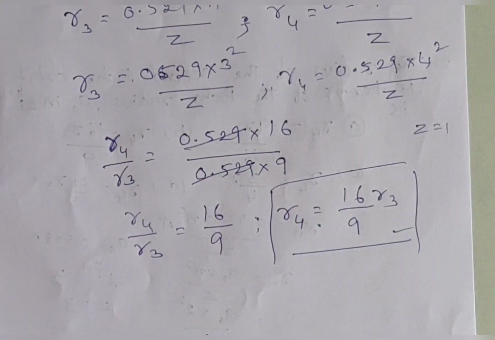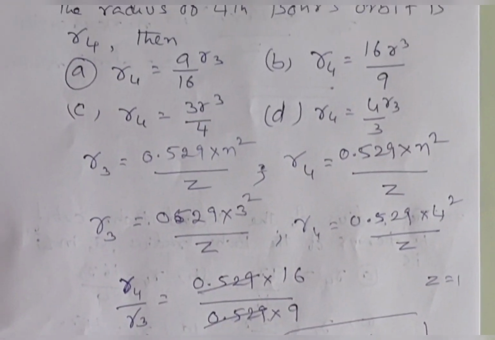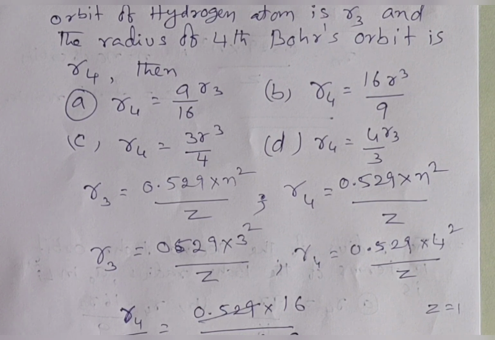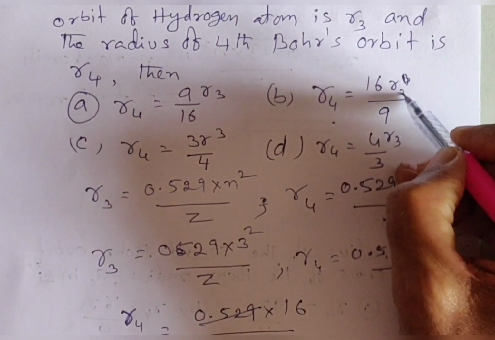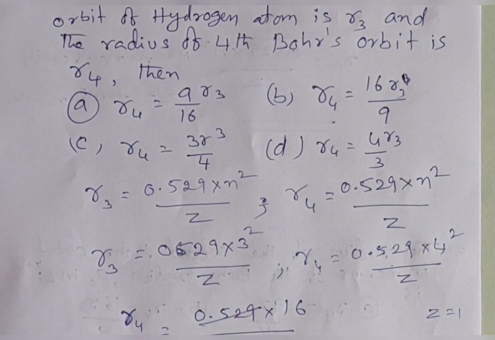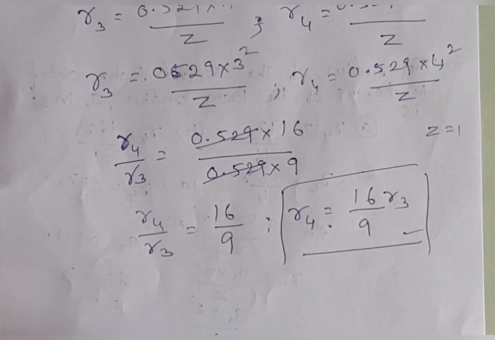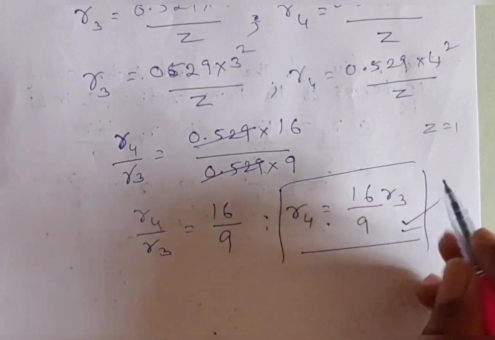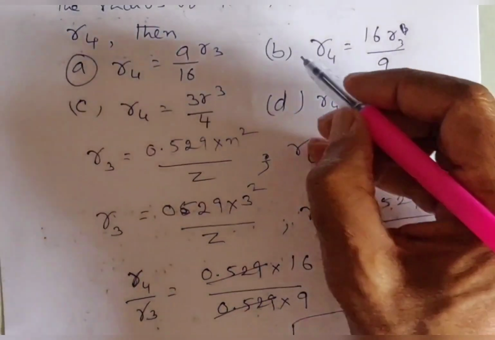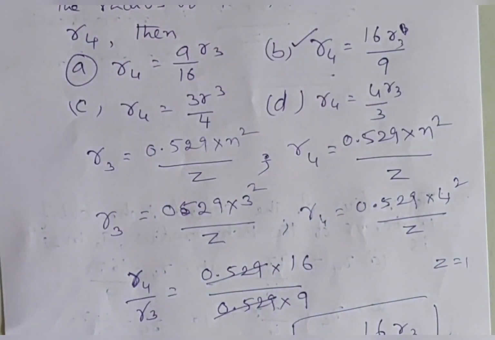Now in the options, the B option is correct. B option, R4 is equal to 16 R3 by 9. Here the answer also is R4 is equal to 16 R3 by 9. Then B option is correct.